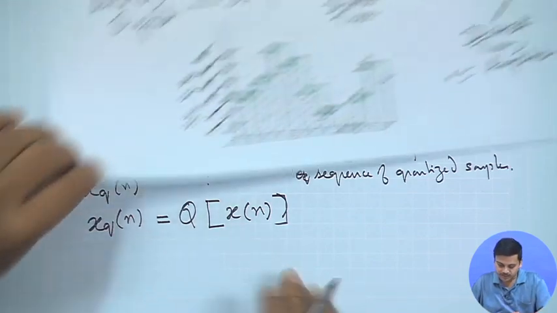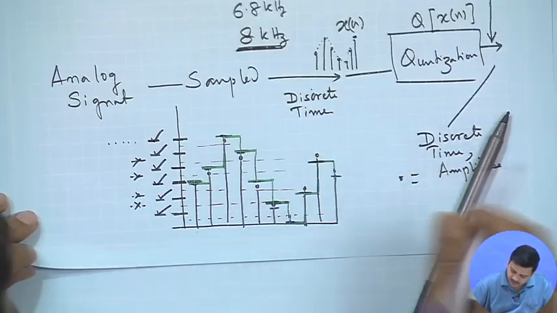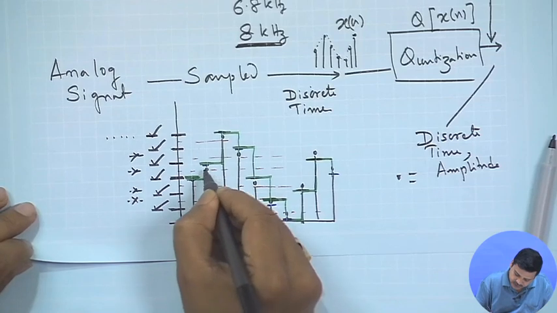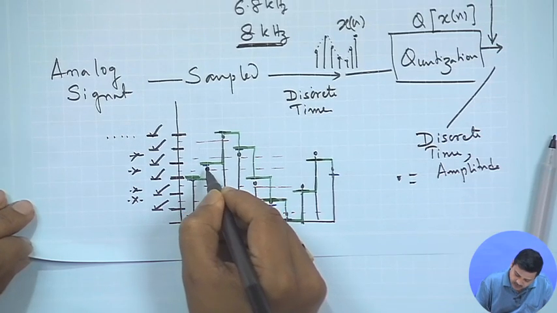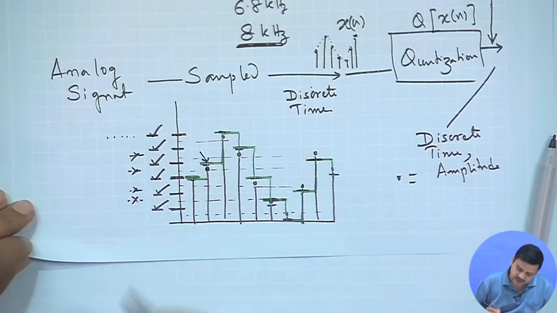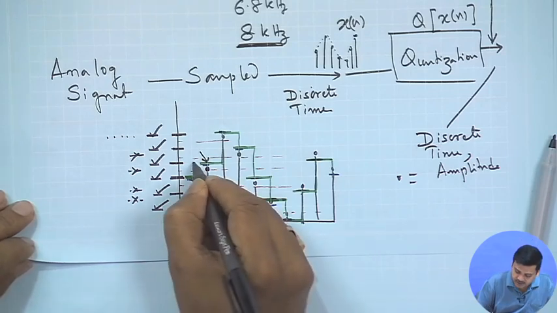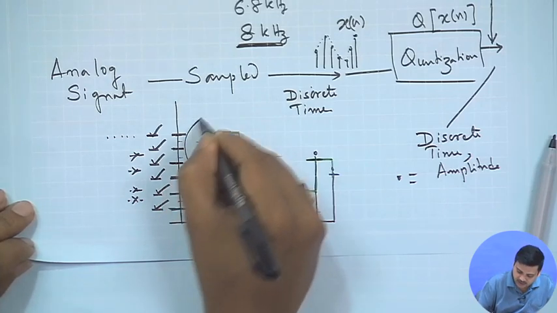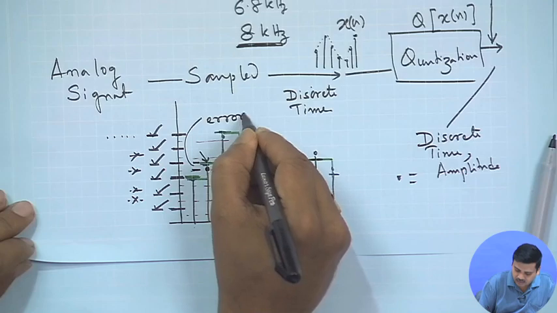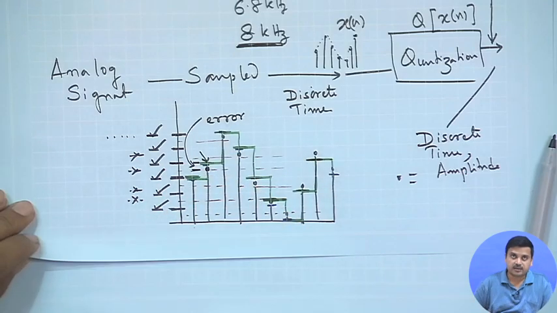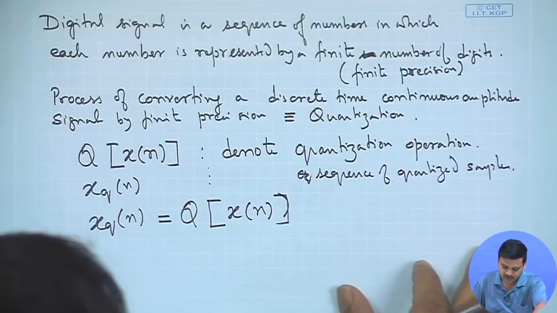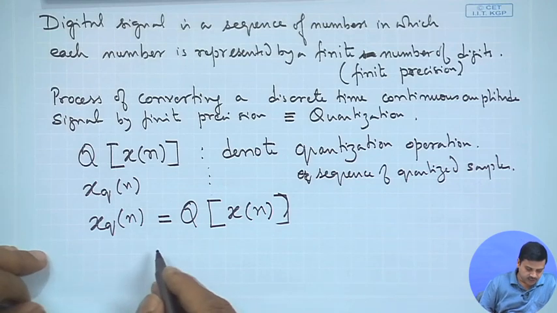So, when you do this, instead of representing the signal which is here, you are actually representing it by this level. So, there must be an error. There is an error that is introduced. This error is known as the quantization error.